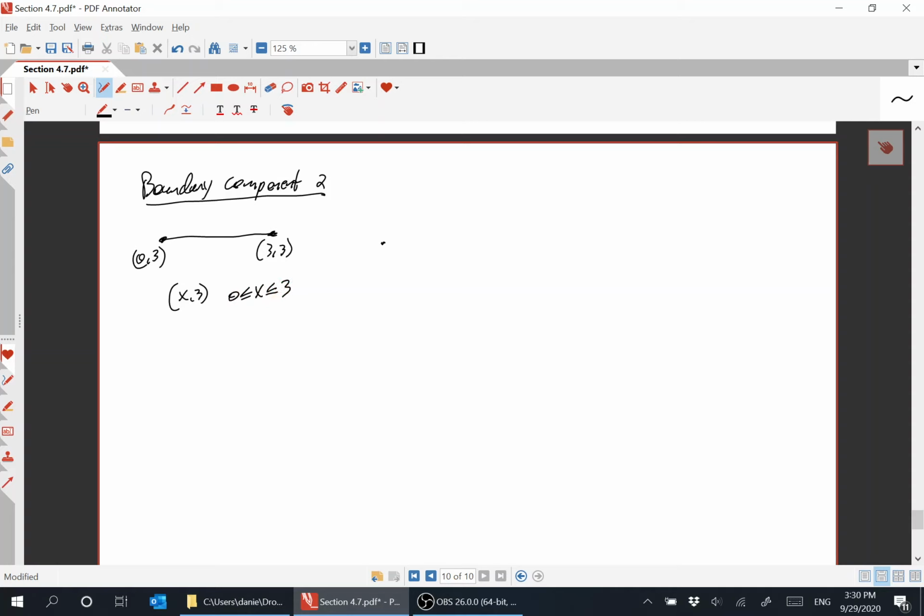And the function f of x, y becomes f of x, 3. So that's x to the third minus 3x, and then at 3, this is minus 27 plus 36, so plus 9.